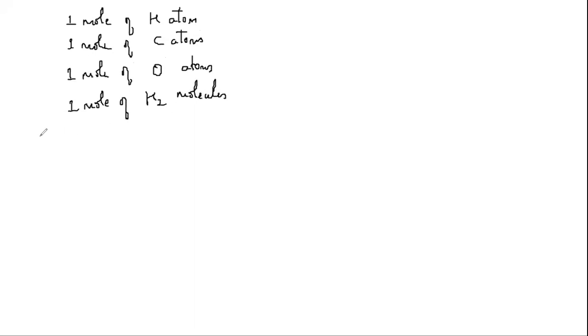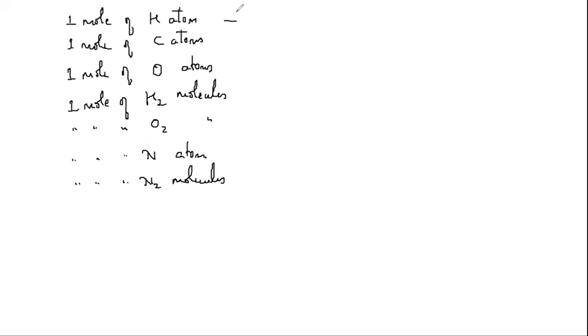1 mole of carbon atoms, 1 mole of oxygen atoms, 1 mole of hydrogen molecules, H2, 1 mole of oxygen molecules, 1 mole of nitrogen atoms, 1 mole of nitrogen molecules, right?